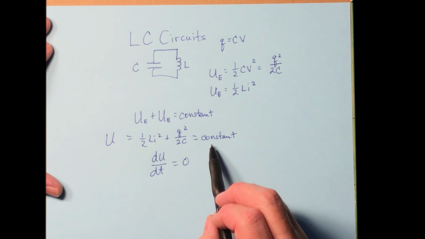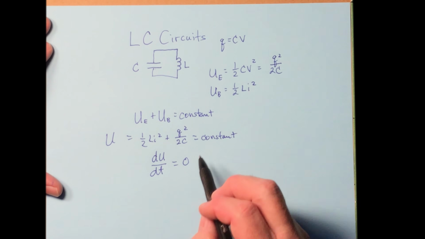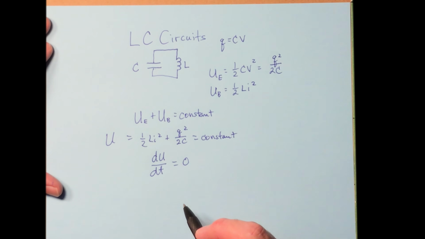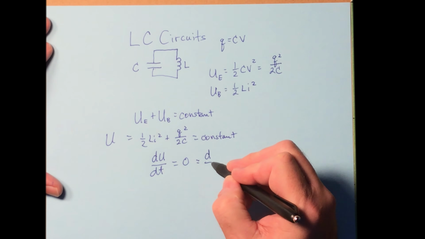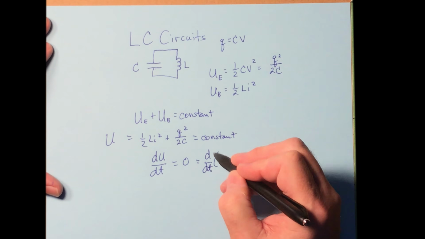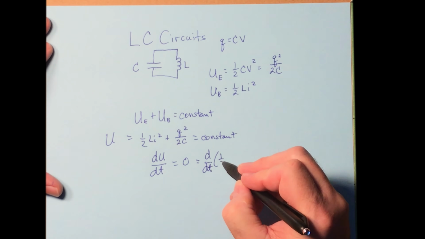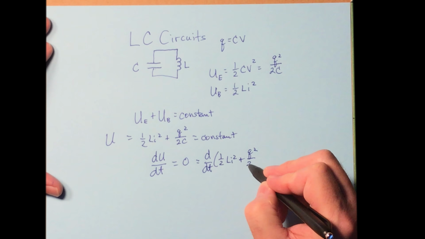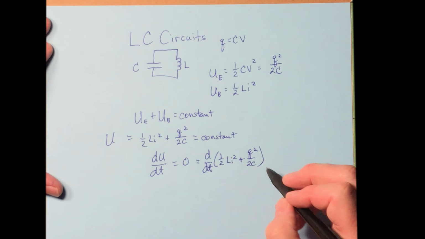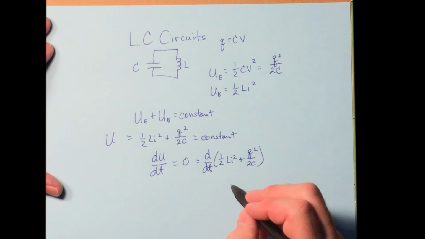So that's just another way of saying what we just said. The total energy is constant. Okay, well, let's do that. Let's take a derivative, d/dt, of all of this stuff right here.